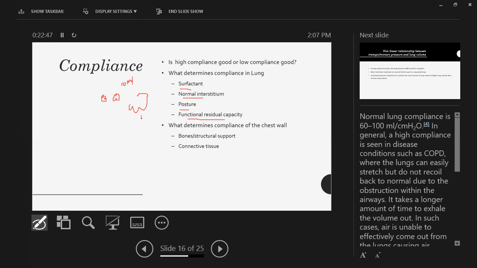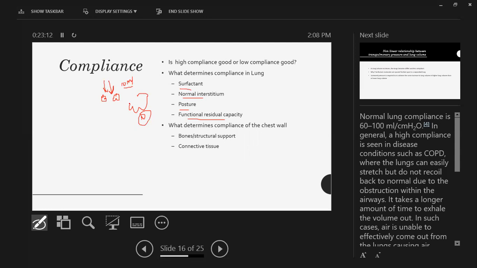This is a normal alveolus, and this is an alveolus that has collapsed because of lack of surfactant. You need to give lots of pressure to this alveolus to distend it to 10 ml, whereas here you need not put that much pressure. A normal amount of pressure will be enough to fill this normal alveolus to 10 ml capacity.